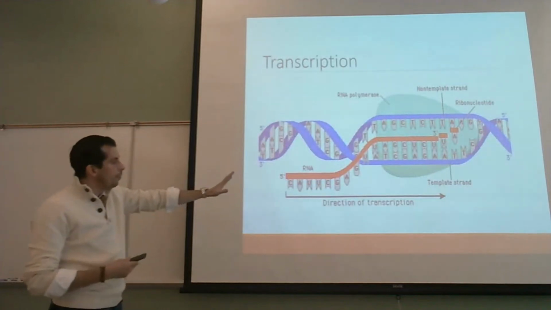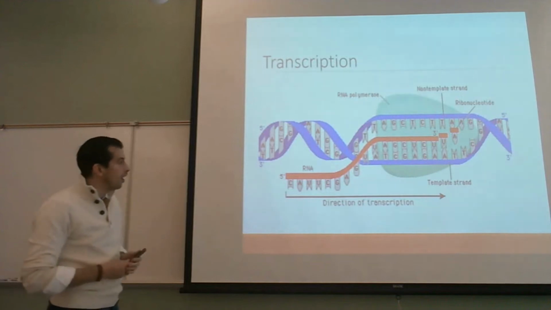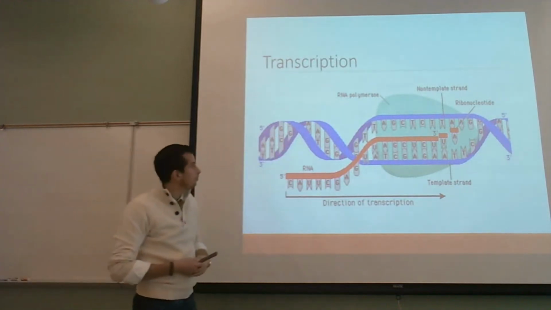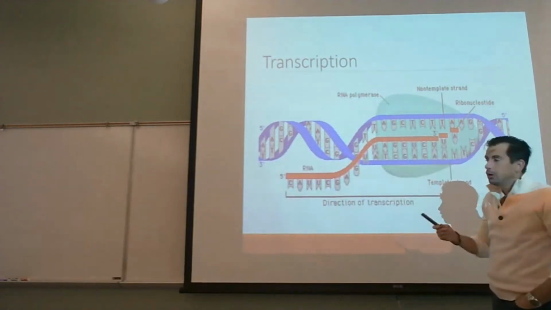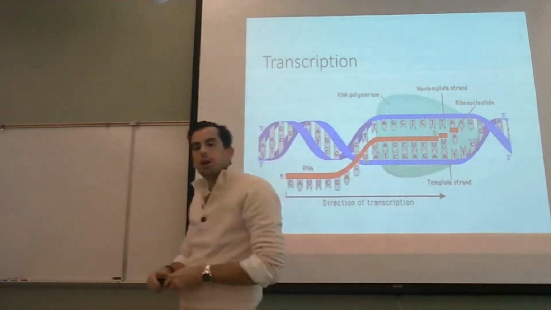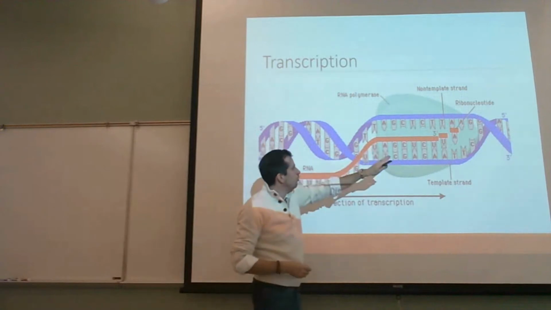Now, we look at this in a diagram. We're going to look at a video in just a moment. We look at this as a diagram, and we see our spiraled DNA. We're going to need an enzyme called RNA polymerase to untwist our DNA at a particular point, read that DNA strand.